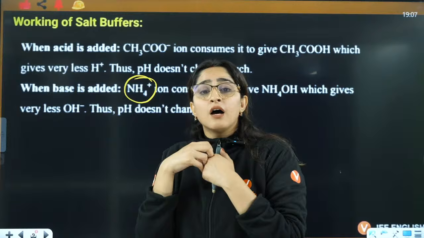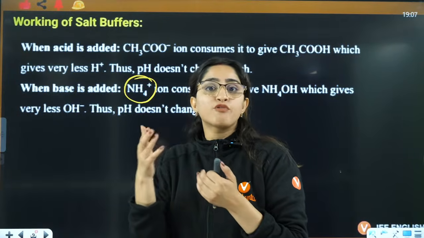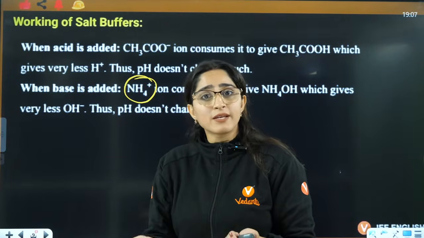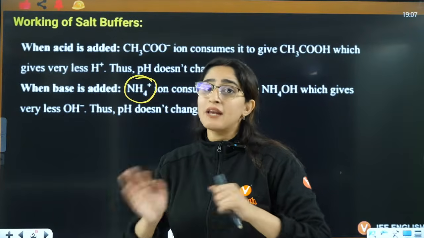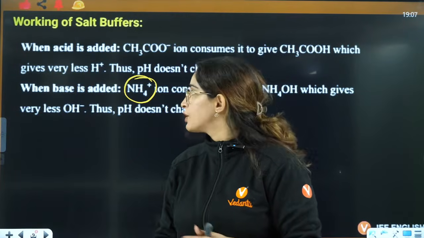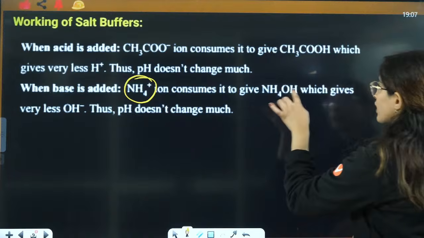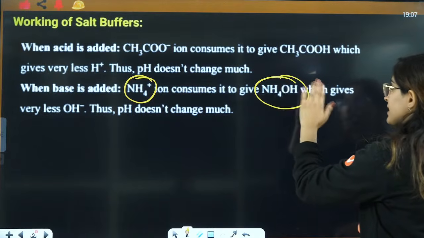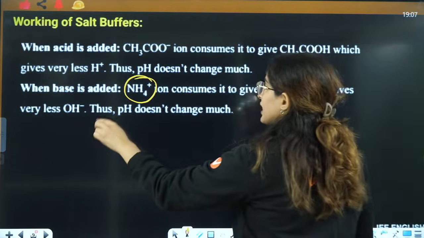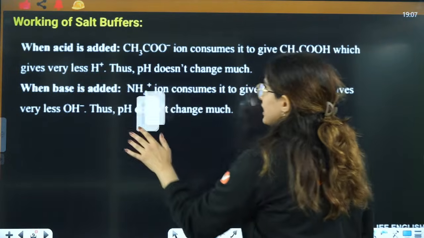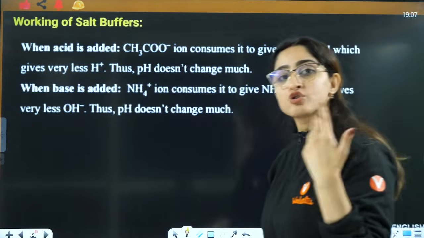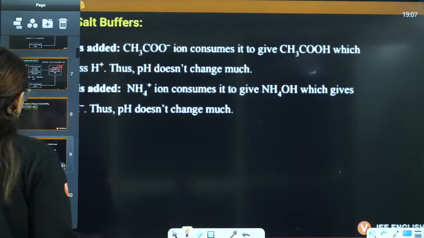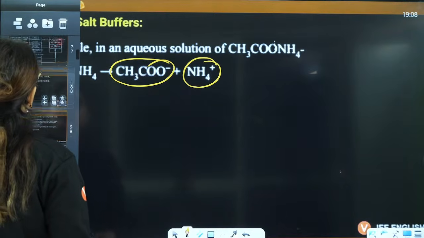Because it is going to form NH4OH, which is again a weak base, a weak electrolyte. So less OH negative will be there in the solution, and hence pH does not change much. And that is the reason salt buffer also does not give you much change, right?